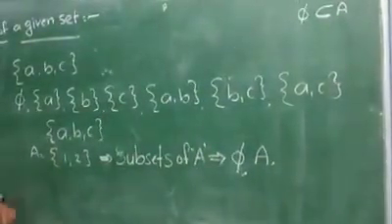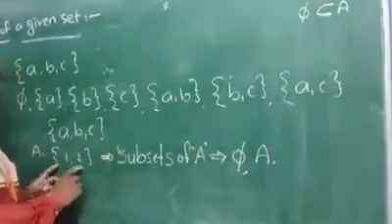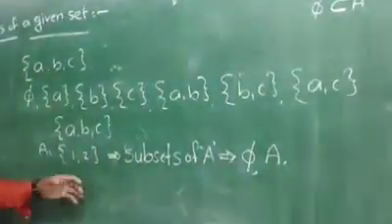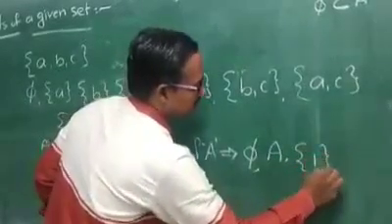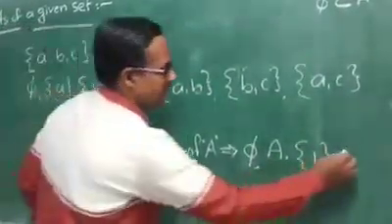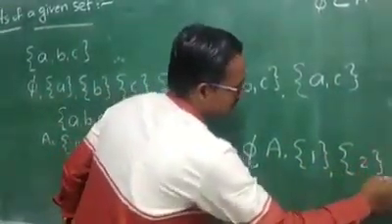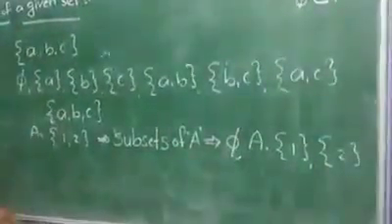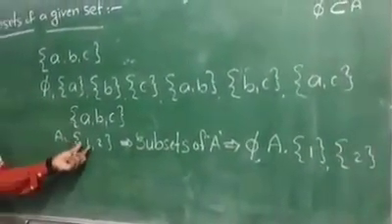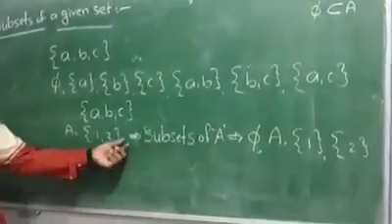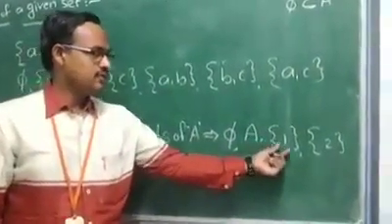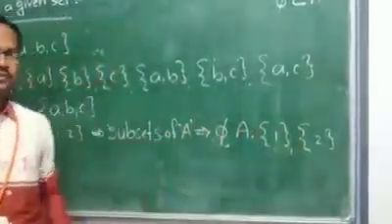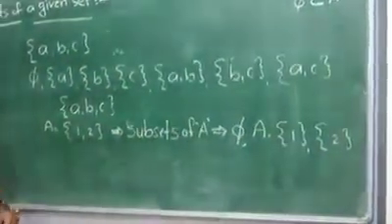So A is a subset of itself. Instead of writing set of 1 comma 2, I just mentioned it as set A. Now the set of 1, the set of 2. So here a set has 2 elements, and how many subsets do we have? 1, 2, 3, 4. 4 subsets are there.